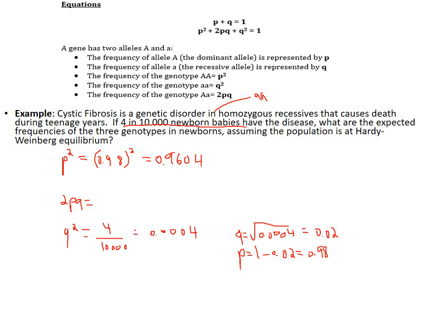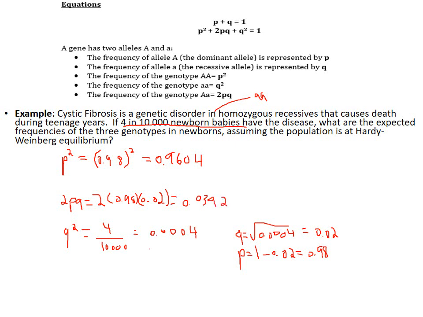And then we can do our 2pq, so 2 times 0.98 times 0.02, and we get 0.0392.